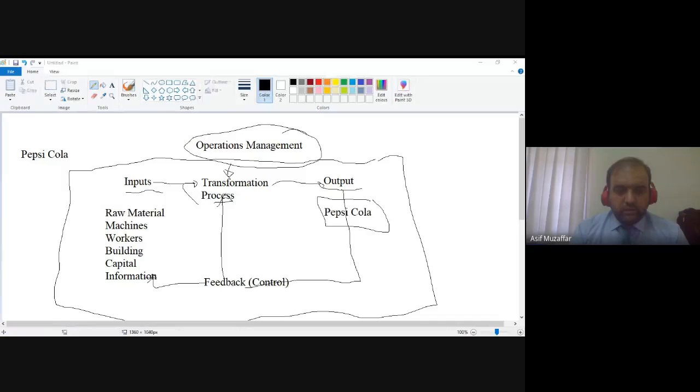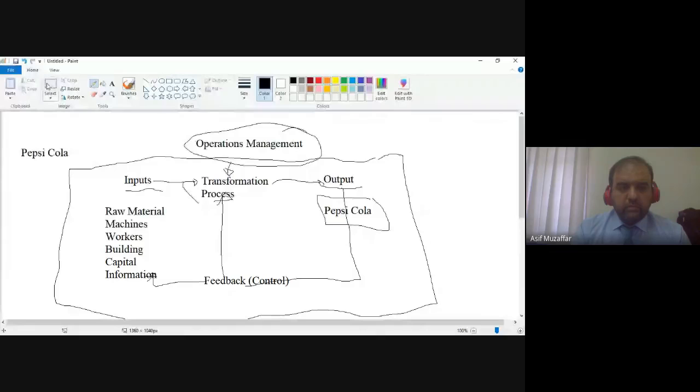Please write it in the chat box. Yeah, okay. So let me remove it now.